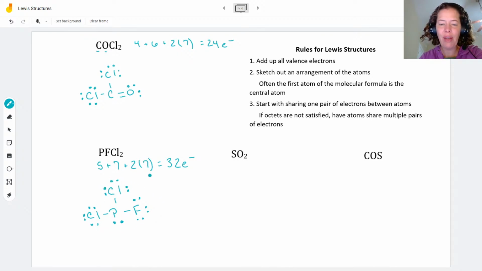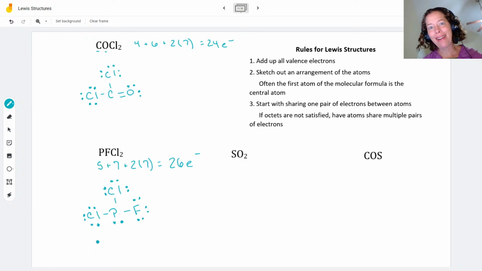So I must have added wrong, of course: this is 14, this is 21. I have 26 electrons. Sorry, I couldn't do my multiplication correctly in my head. So I do have 26 electrons that I have put in here.